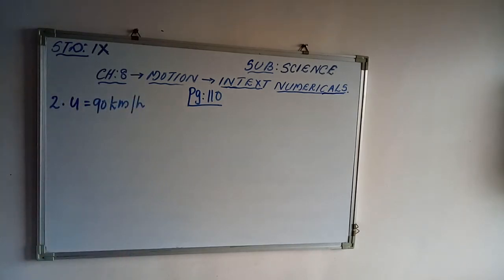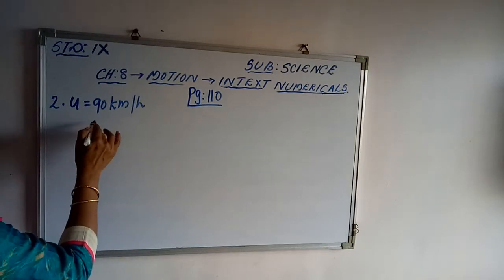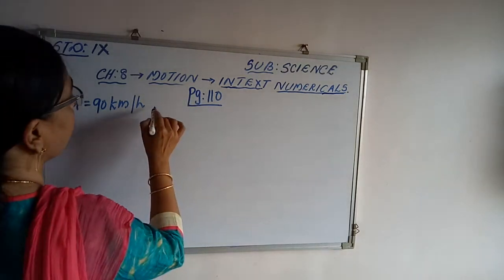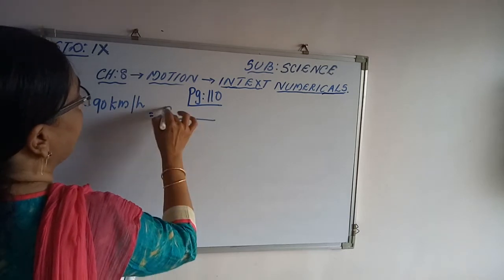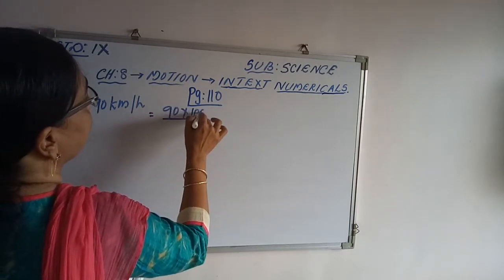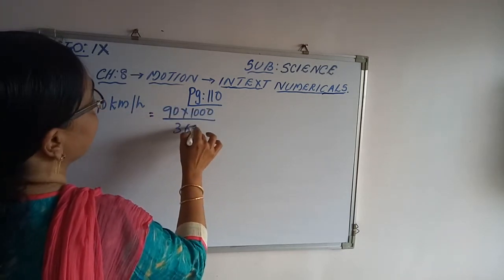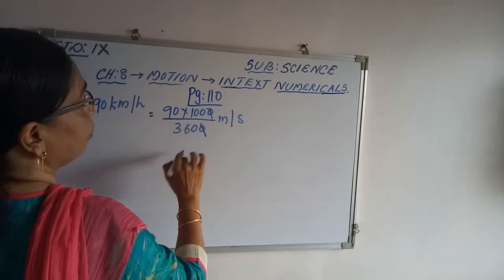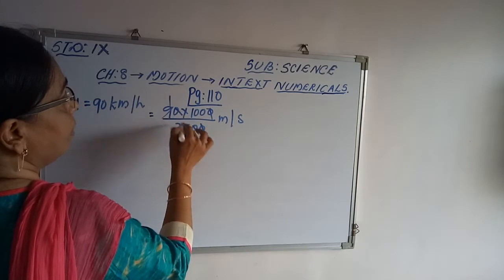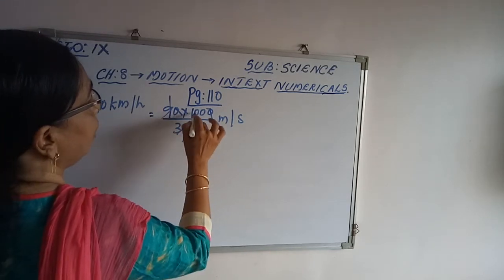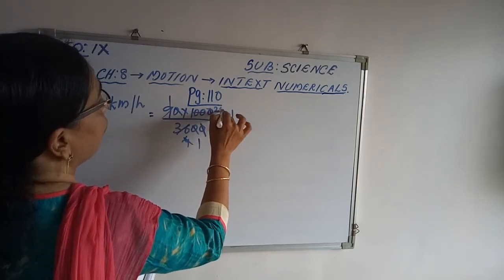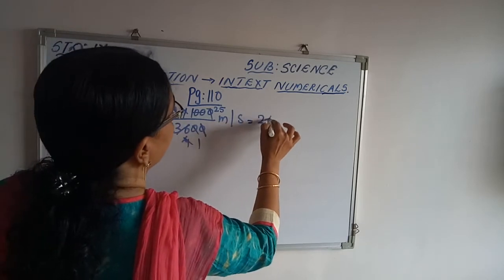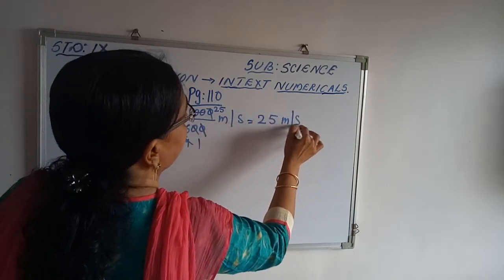That you convert into meter per second. So that's equal to 90 multiplied by 1000 upon 3600 meter per second. See here 0 0 cancel. 9 ones are 9, 9 fours are 36, 1 here 25. So you will get 25 meter per second.